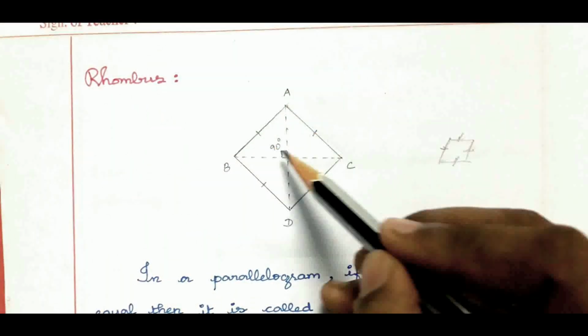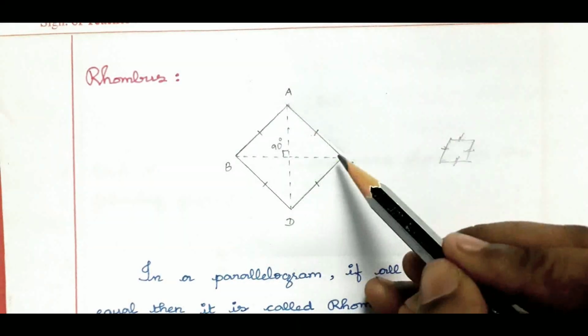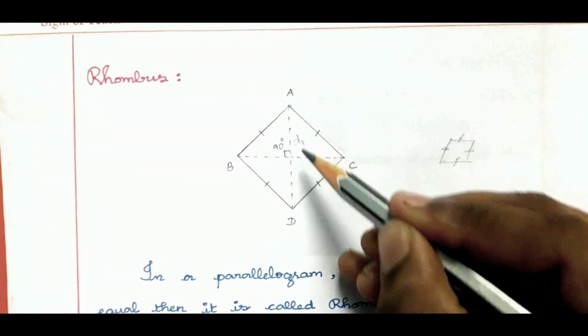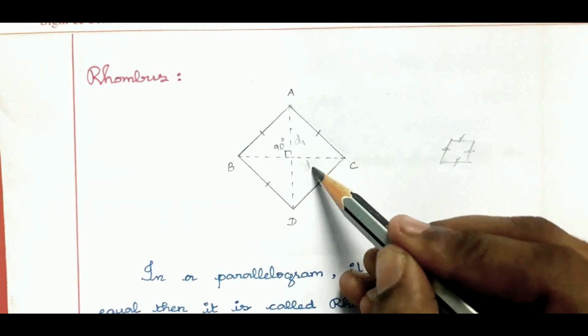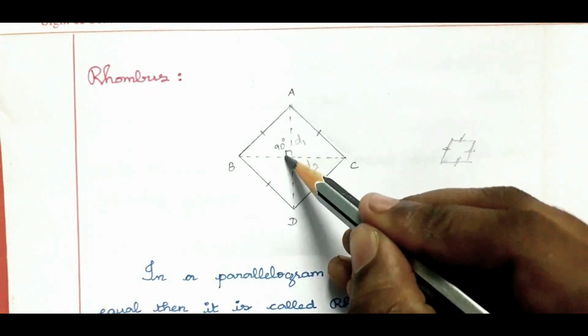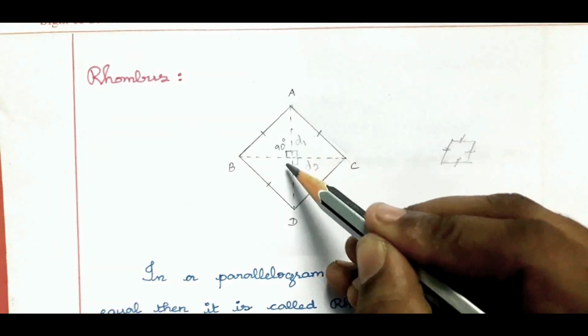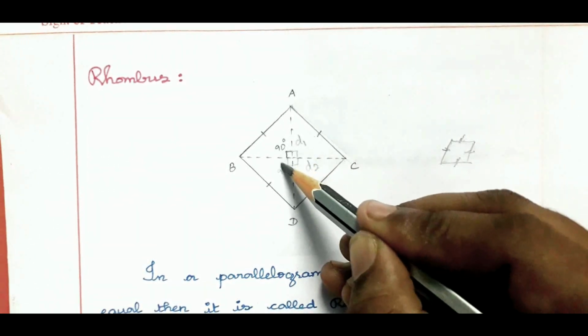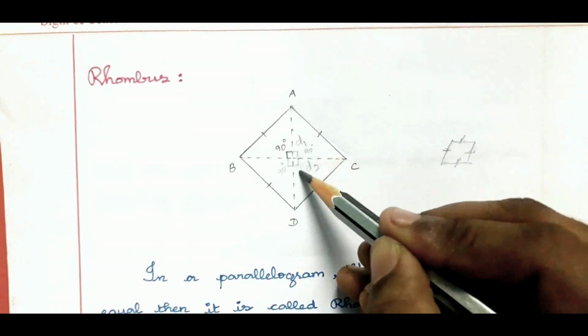When we see the rhombus, this is diagonal 1 and this is diagonal 2. Whenever these two diagonals meet inside the rhombus, the angle will be 90 degrees. All the meeting parts give you the angle 90 degrees. Clear? That is what they have given in the property.